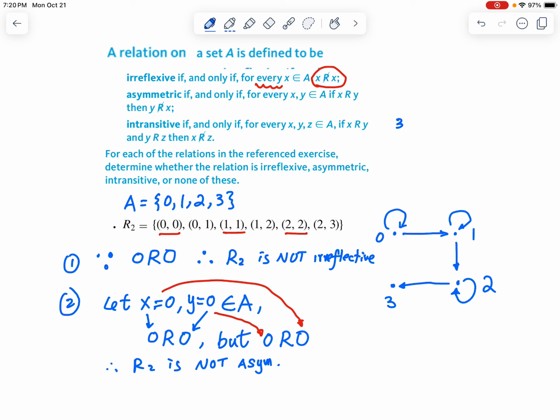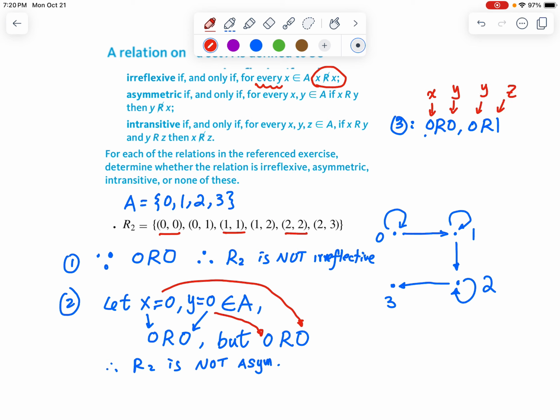So for the third one, you can check this. 0 is related to 0, and also 0 is related to 1, the second one in this relation. Think of the first as your x and y, and the second as your y and z, right?